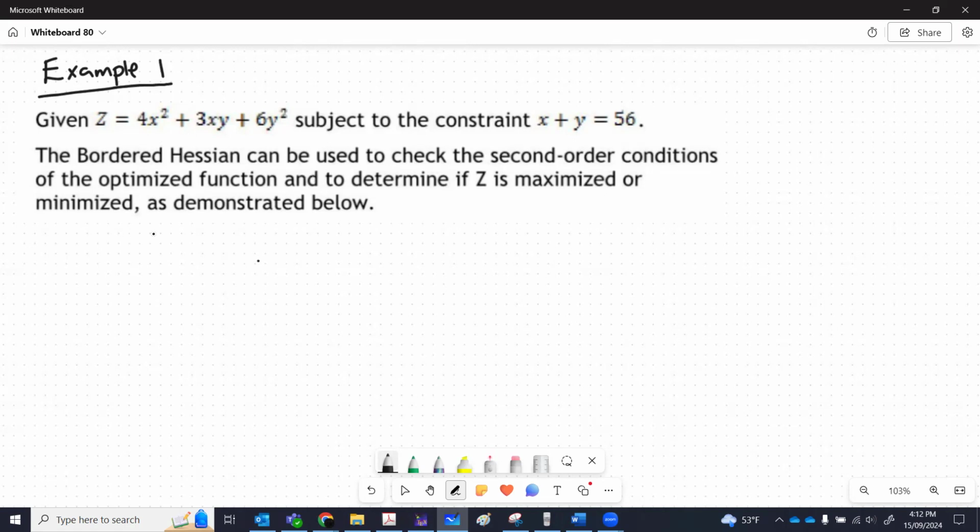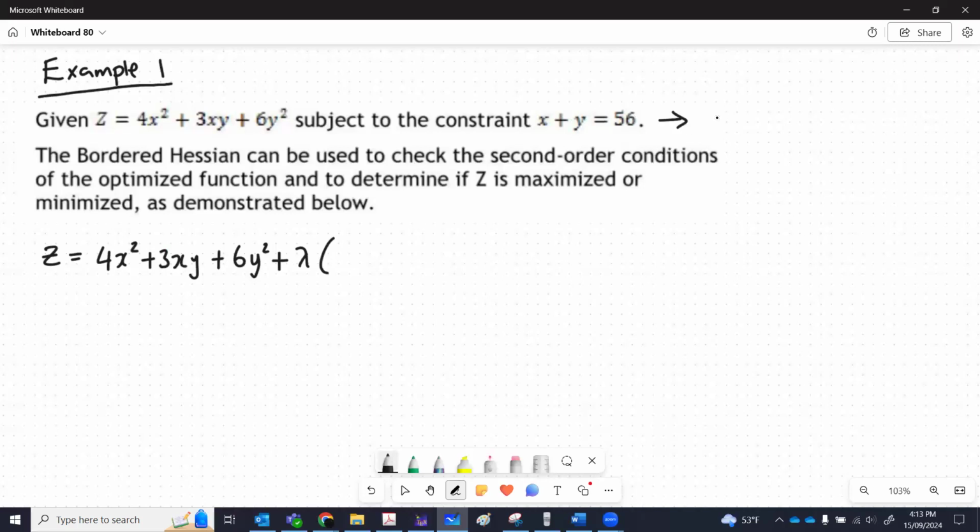And this one, just like I showed you previously, is equal to this function here. So we have 4x squared plus 3xy plus 6y squared. And then we add lambda. And then what we do is this x and y, we take them over to this side.